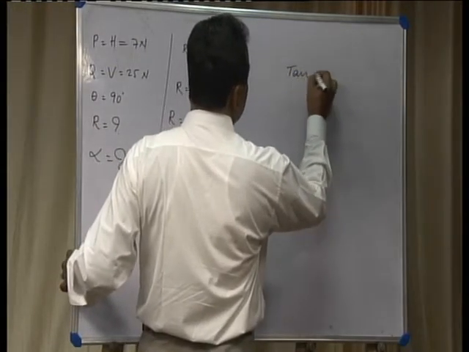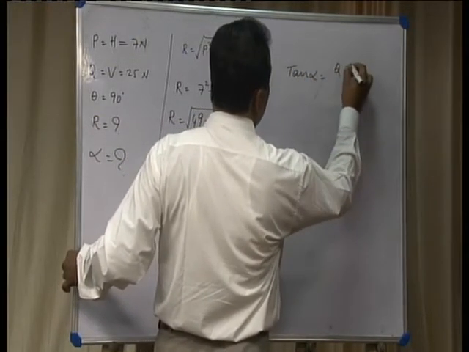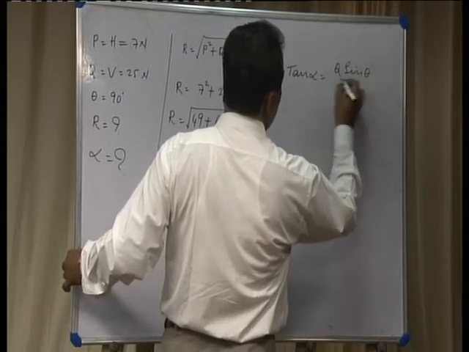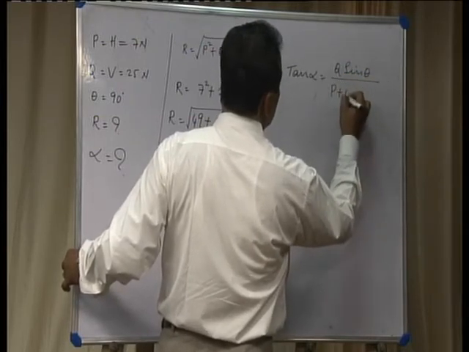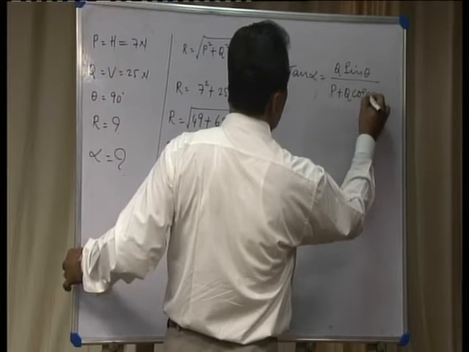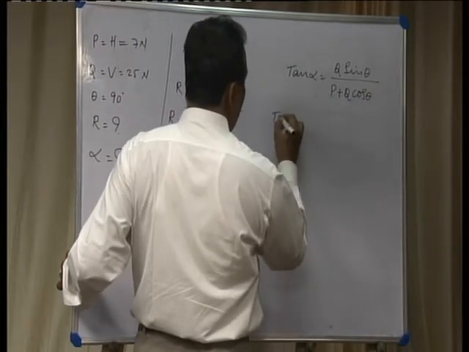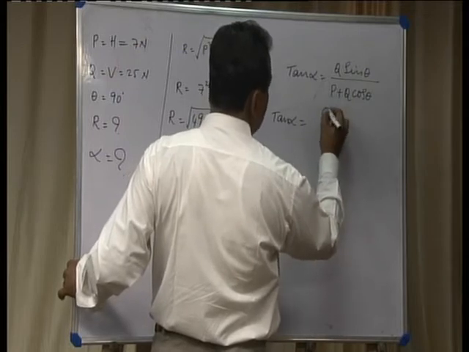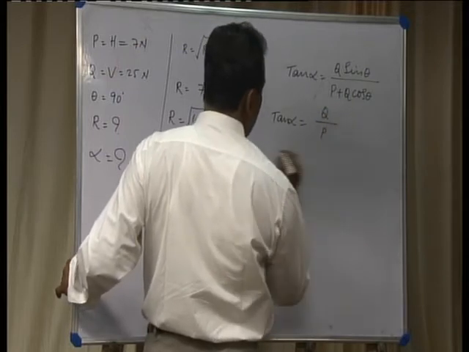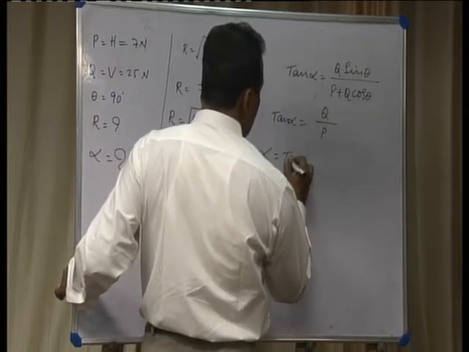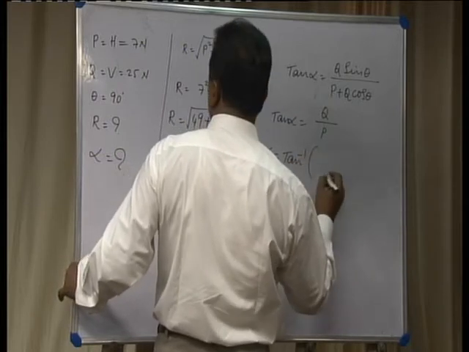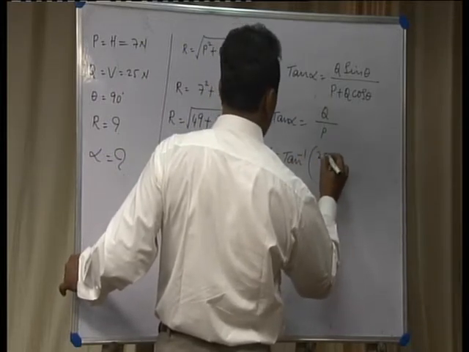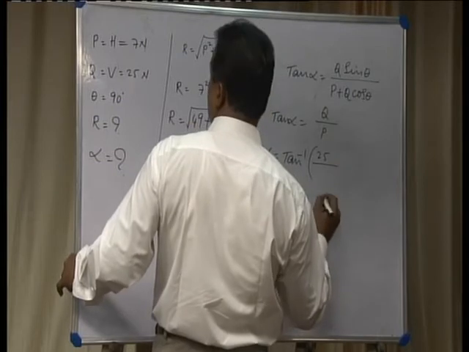Tan alpha is equal to Q sin theta divided by P plus Q cos theta. Here, theta is equal to 90 degree means sin 90 is 1, so tan alpha is Q divided by P. Alpha is equal to tan inverse of Q is 25, P is 7.